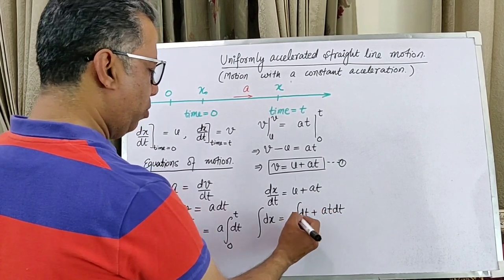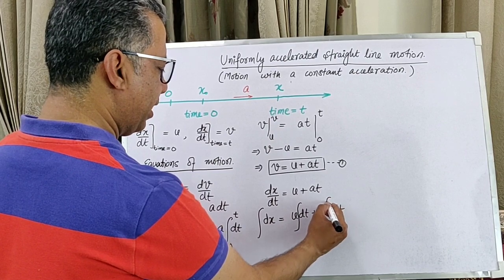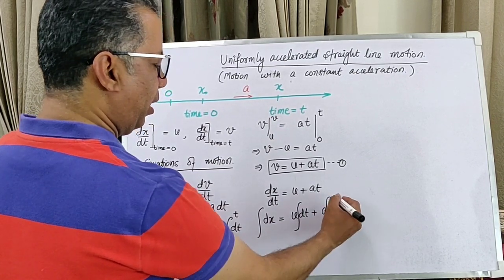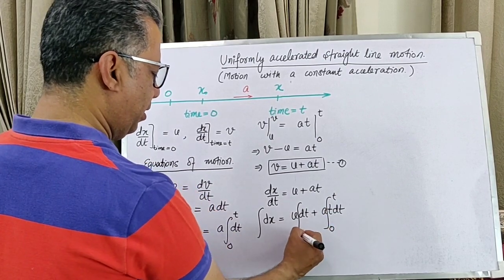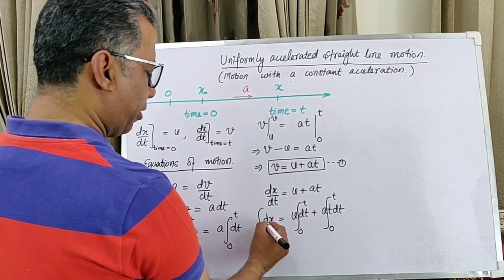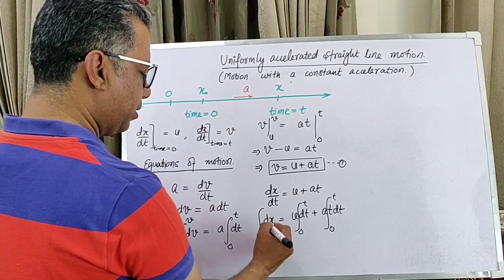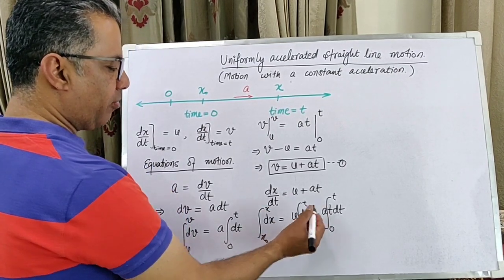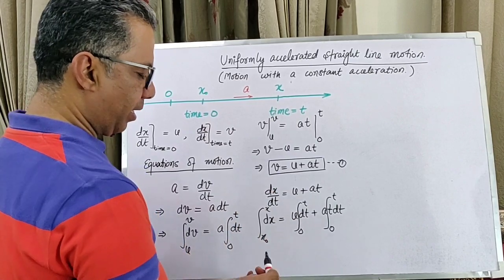Remember, a and u are constant quantities, they stay out of the integration process. Limits for time are 0 to t, and limits for x will be x naught to x. When time was 0, x was x naught. When time is t, x is x.